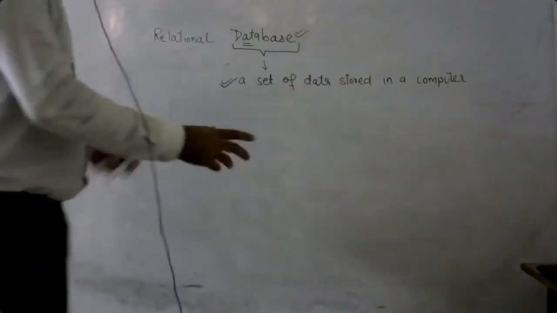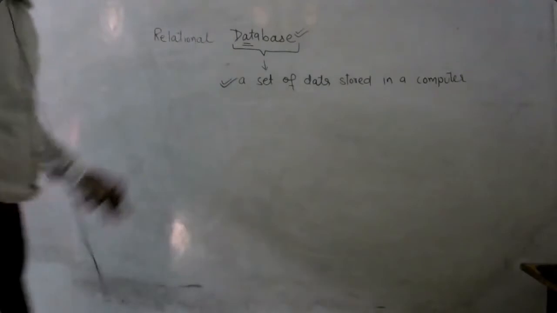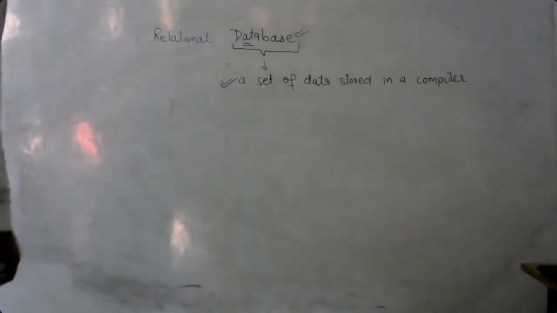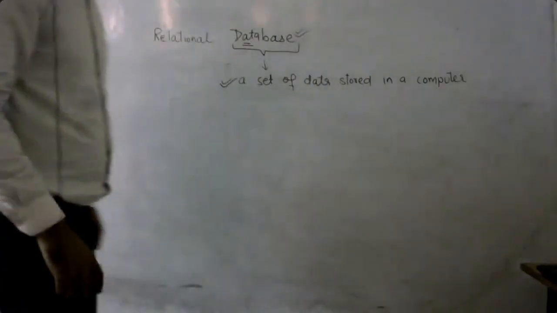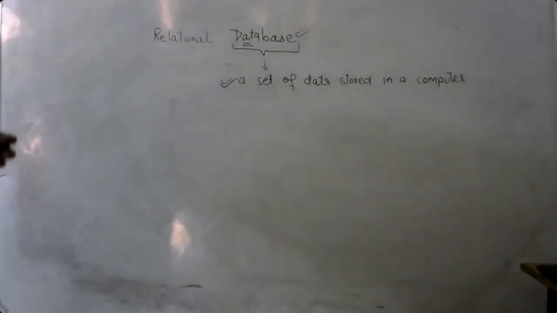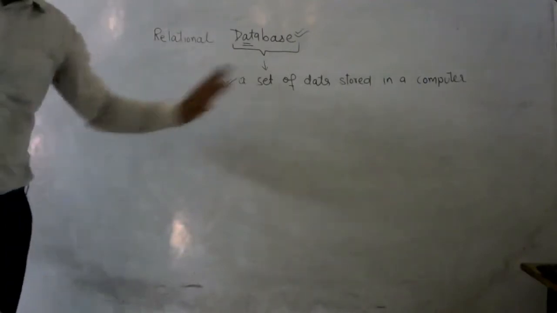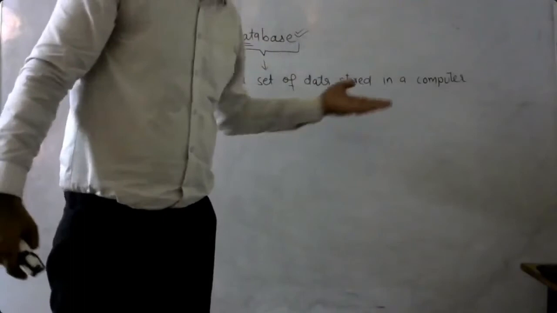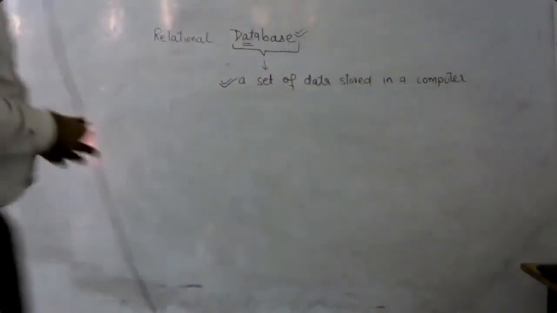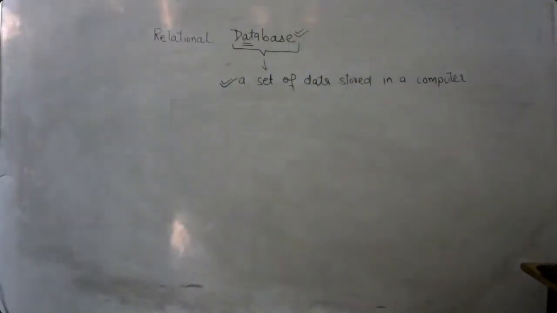So the university has a lot of data, and they will store it somewhere, on a computer or on a server. So what is a database? A database is a set of data stored in a computer or on a server. So this is the definition of a database.